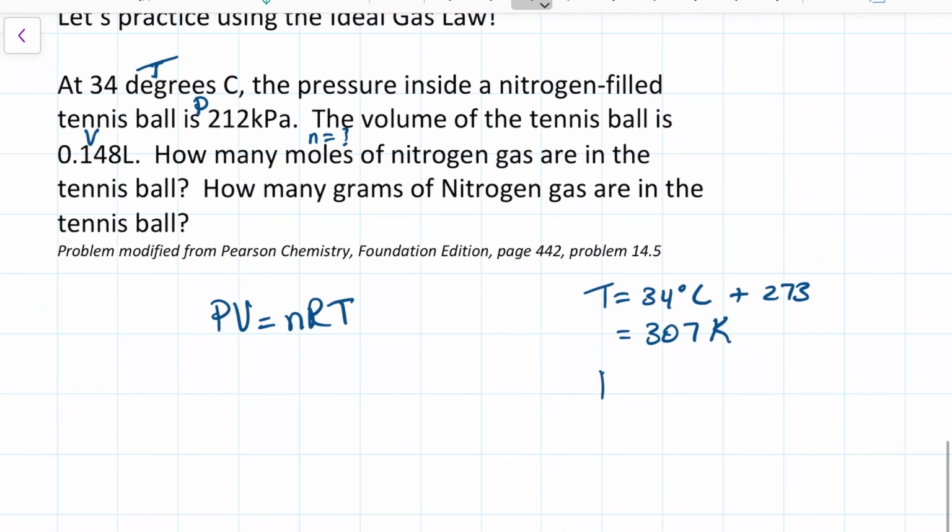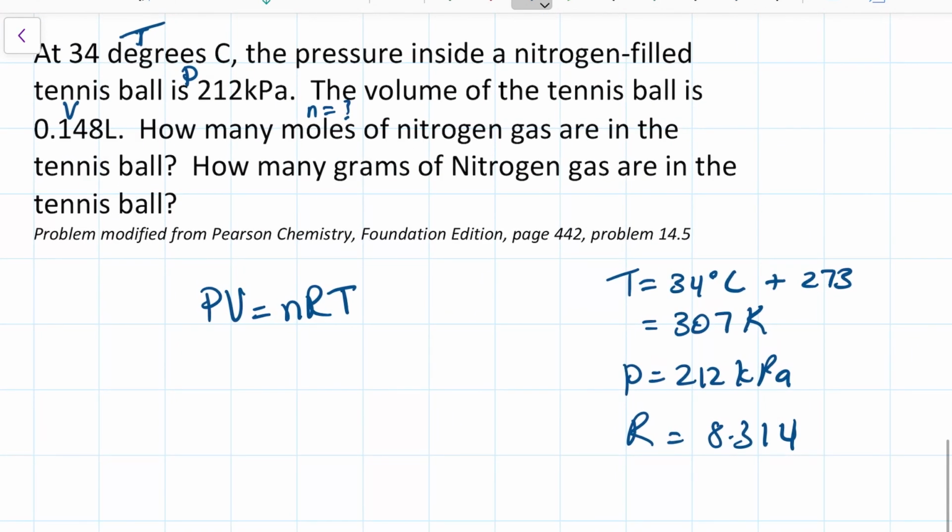And then for my pressure, I have 212 kPa. That means for my R, I've got to use the 8.314 R value because I have my pressure in kilopascals. Okay, so let's plug and chug out this answer. So here we go, 212. Volume is 0.148.